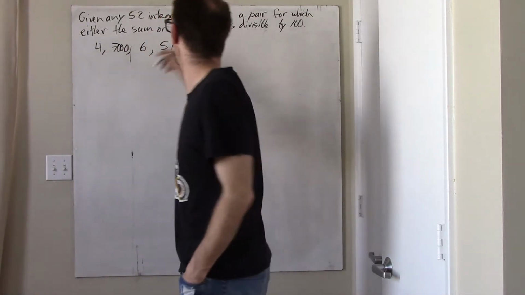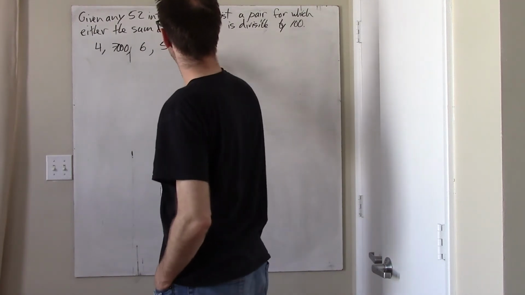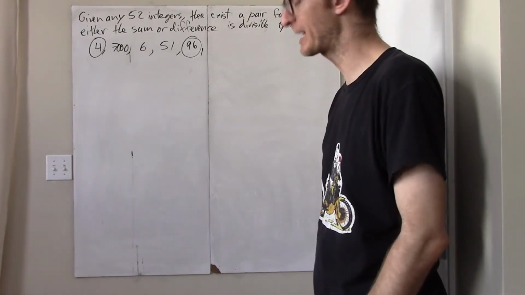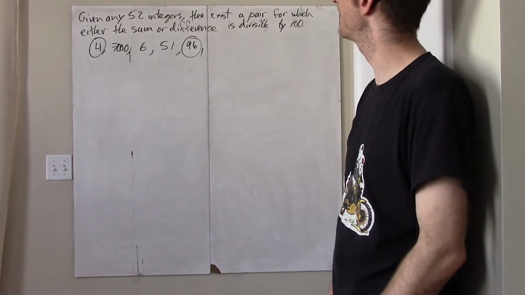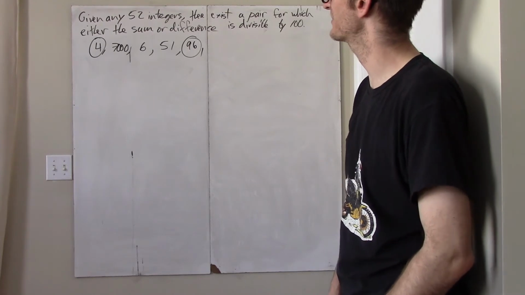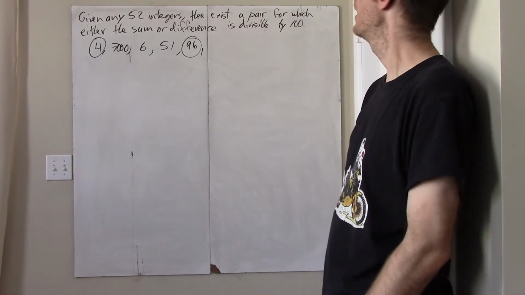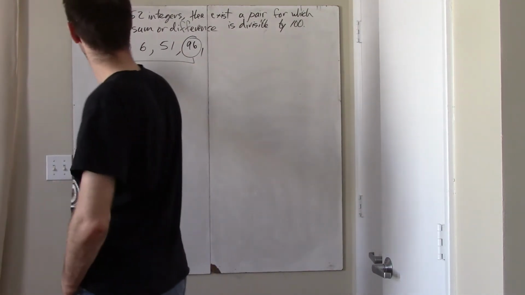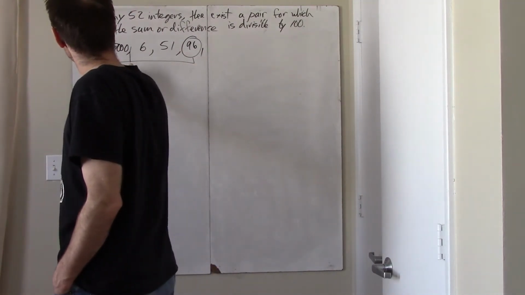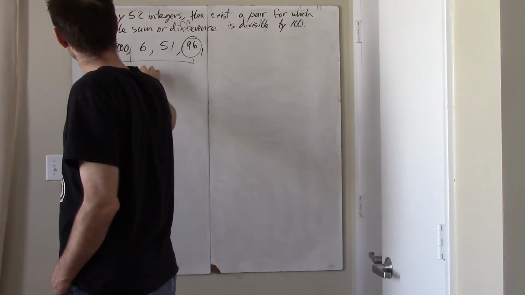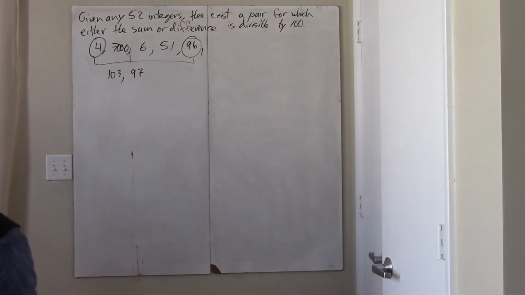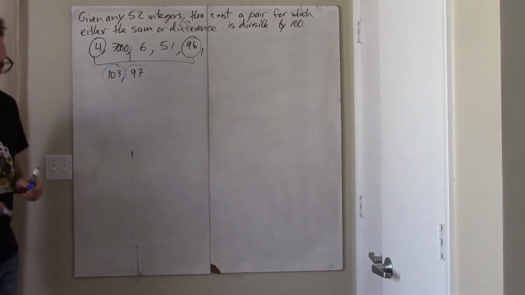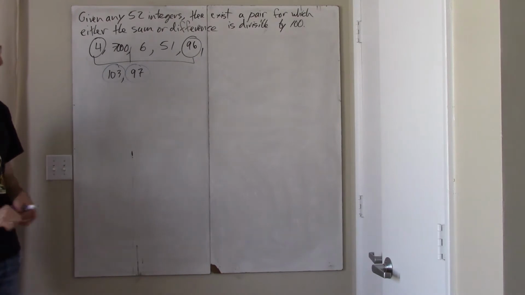So if you had 4 and 96 on the list, well then just grab them, because those two together have a sum of 100. But also if you had 103 and 97, then you would want to grab them too, because they would not add to 100, but they would add to a multiple of 100.